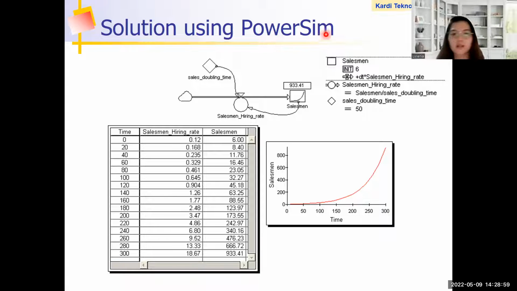Using PowerSim or FanSim, you can just drag and drop all this drawing, and then you connect. Then you double click and put the equation here, the doubling time, and you can get all this drawing.